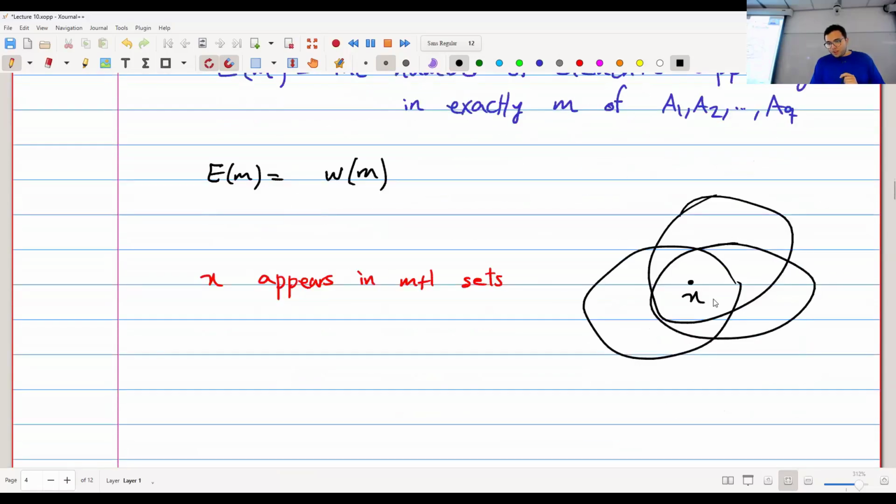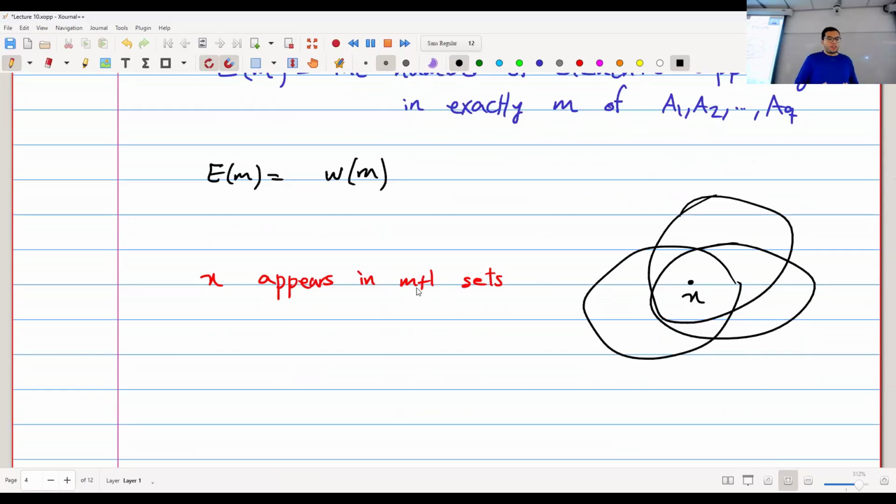So for any 2 of these sets, X was counted once here. Overall, X was counted 3 choose 2 times. Or if instead of 3, I just say M+1, X was counted M+1 choose M times, right?